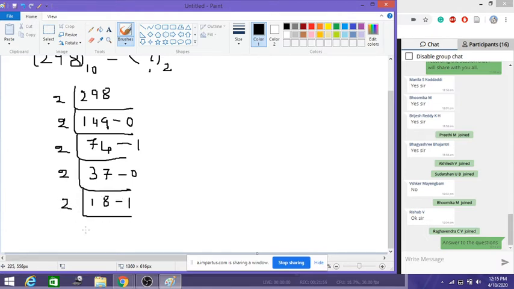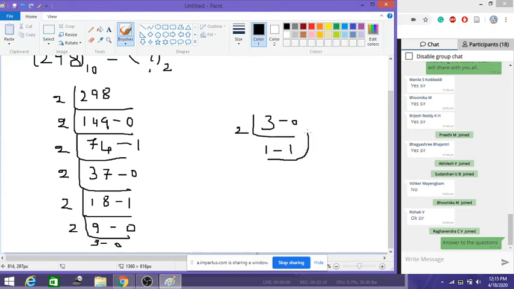So then 2 9s are 18, so then we are left with 0. So then let us divide this, 2 3s are 9, so the remainder is 0. Then let me write here. So then once again we'll divide this, 2 1s are 1, so the remainder is 0.